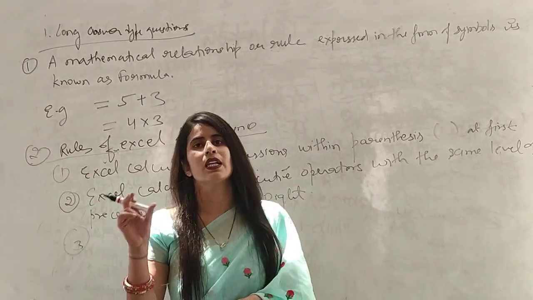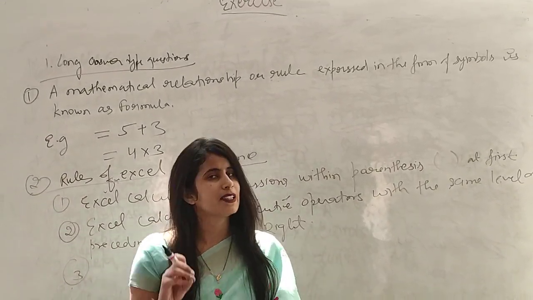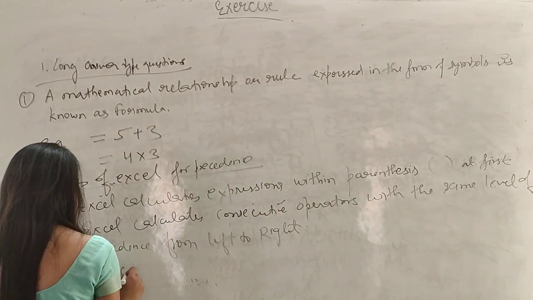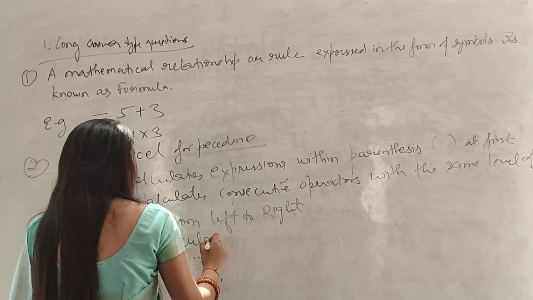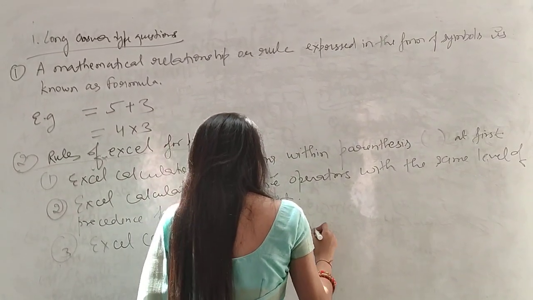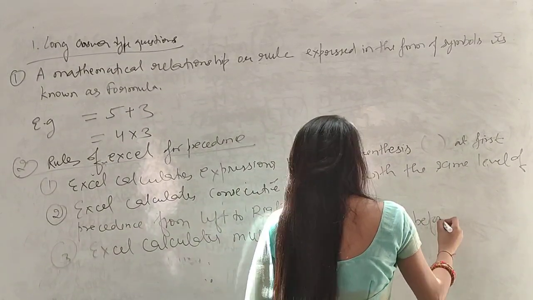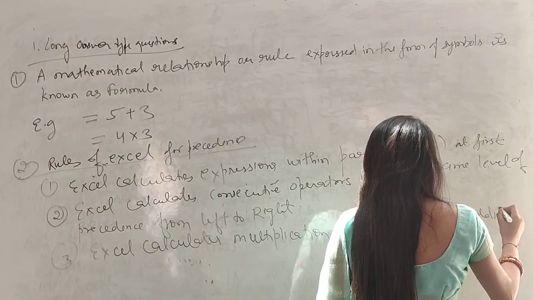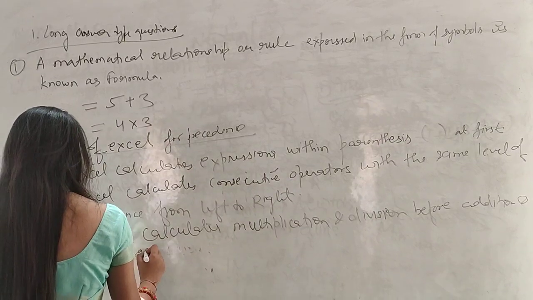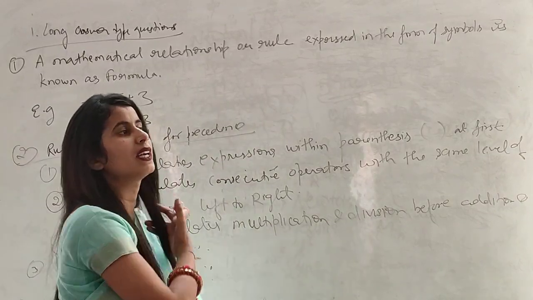It is clear from the precedence rule that we have to calculate multiplication and division before addition and subtraction. Now, this is the second answer.